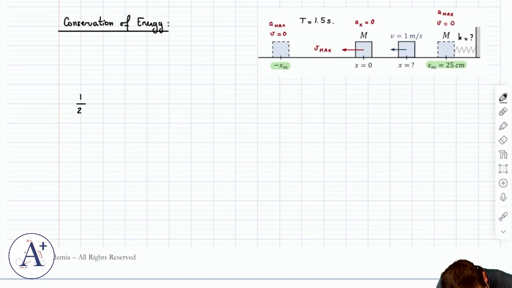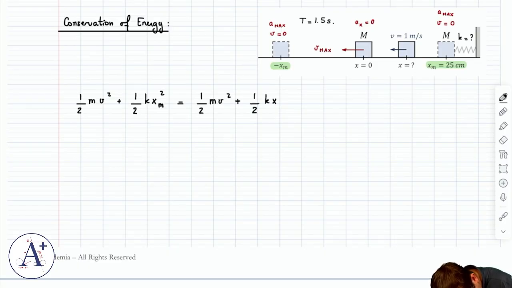So I will write that 1/2 kinetic energy, 1/2 mv squared, plus potential energy, 1/2 kxm squared, that's going to be here, is equal to 1/2 mv squared plus 1/2 kx squared.